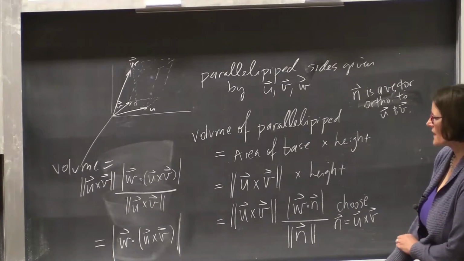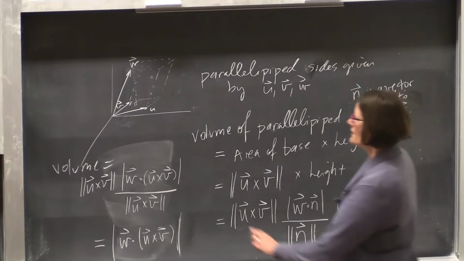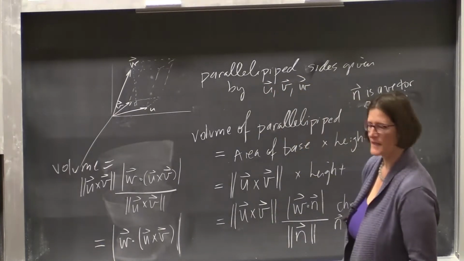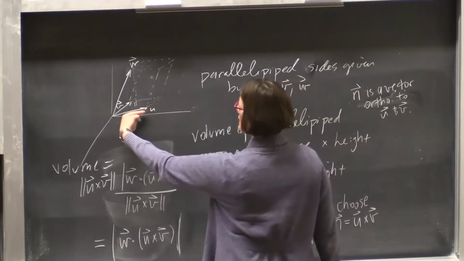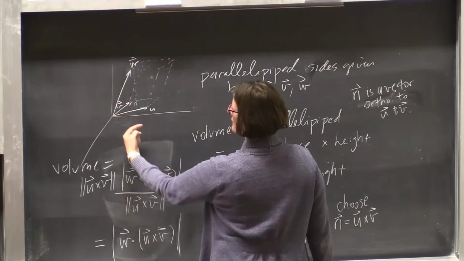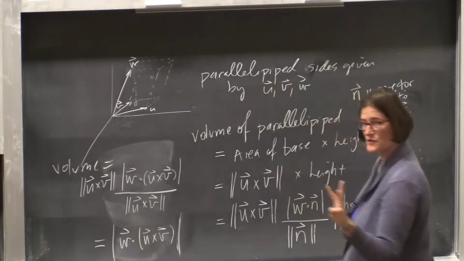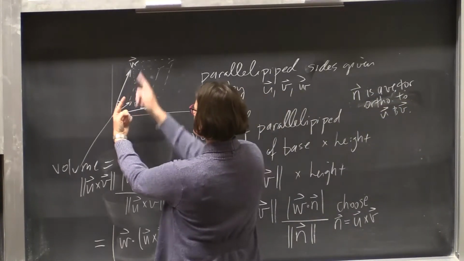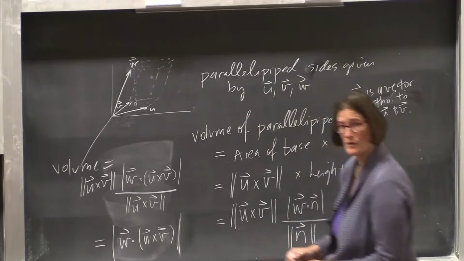So one thing that's nice about this, if I didn't actually know what my parallelepiped looked like, and if I didn't know for sure that this was u and that was v, if I was just given 3 vectors, I don't need to actually figure out this is u and that is v and that is w and put them in the right order.